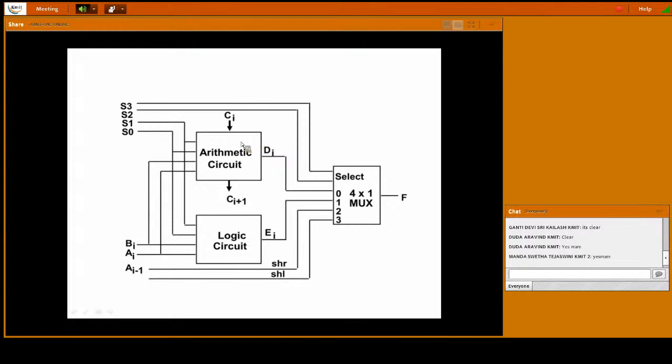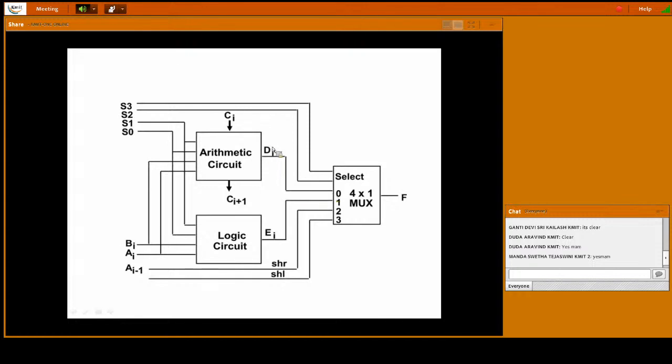What is the use of this multiplexer? By using the selection lines, any one input can be selected. That means as this arithmetic circuit is implementing addition, subtraction, increment, decrement, transfer, and so on, all are implemented by this arithmetic unit, but any one can be selected as your output.